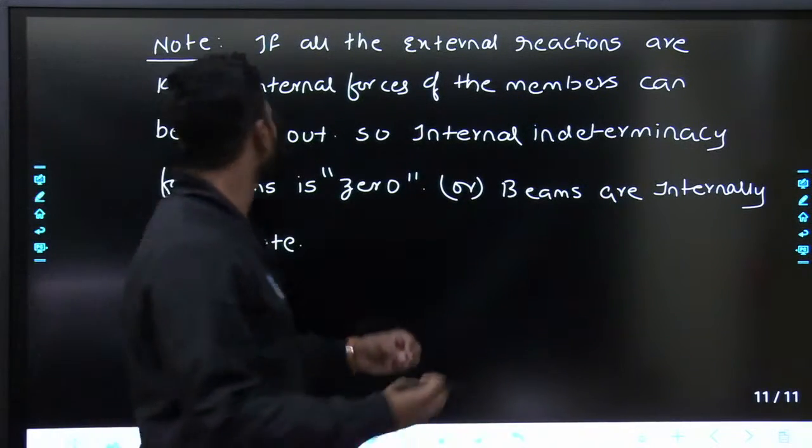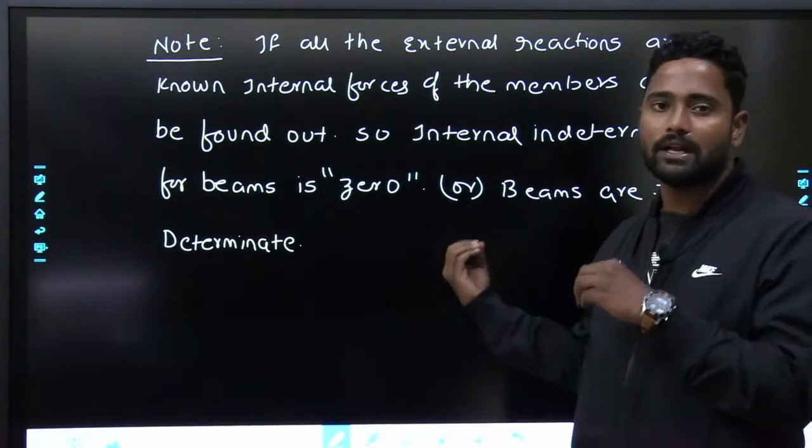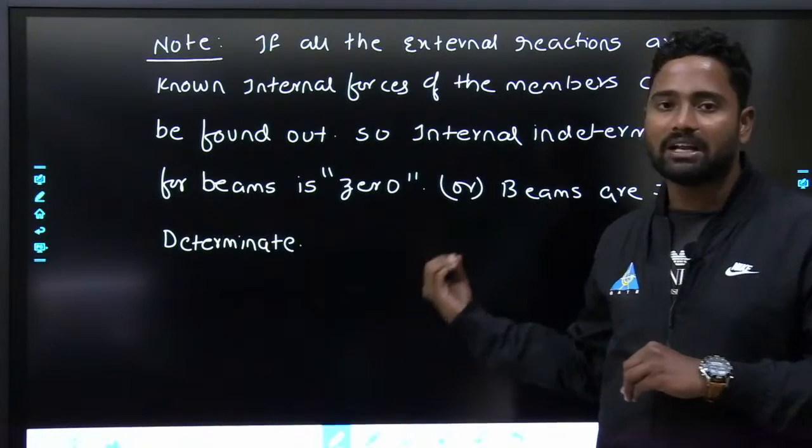If all the external reactions are known, internal forces of the member can be found out. So internal indeterminacy of the beams is taken as 0. So beams are taken as internally determinate.